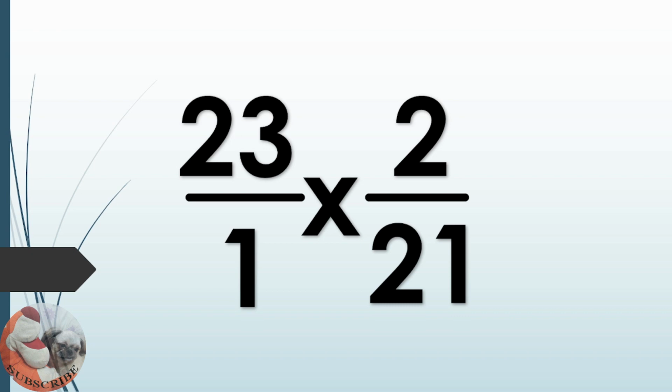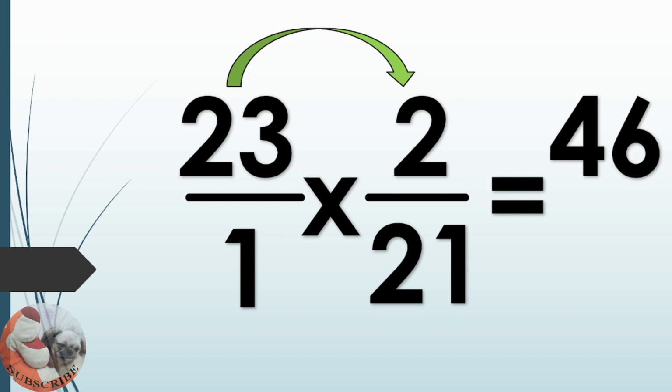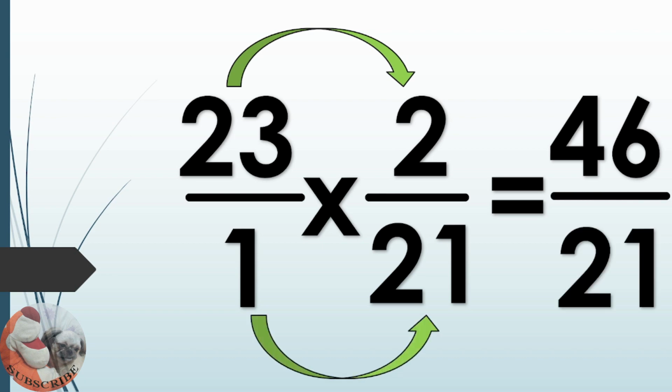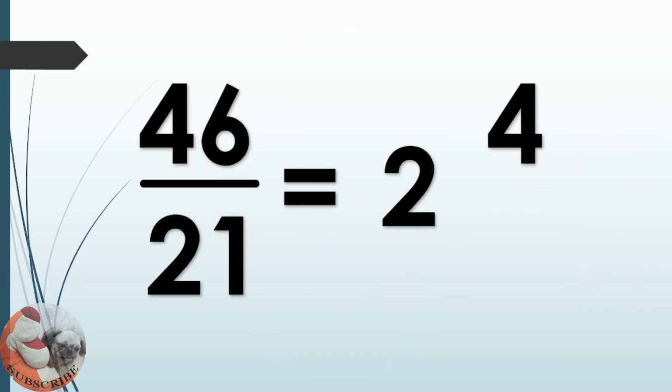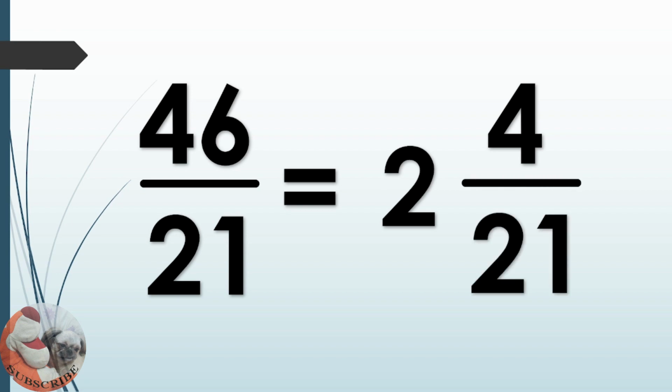Then you multiply the numerator by the numerator. 23 times 2 is equal to 46. And multiply the denominator by the denominator. 1 times 21 is equal to 21. Then simplify 46/21. It will become 2 and 4/21.